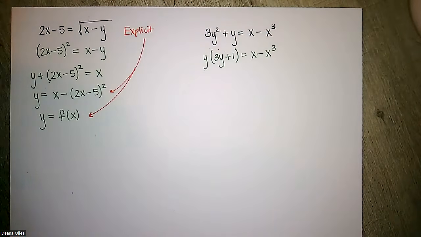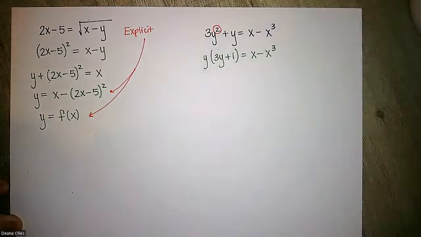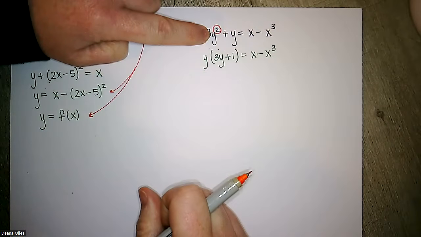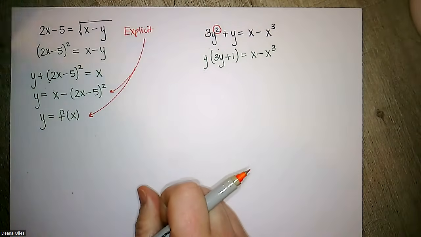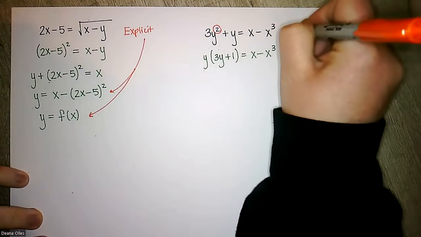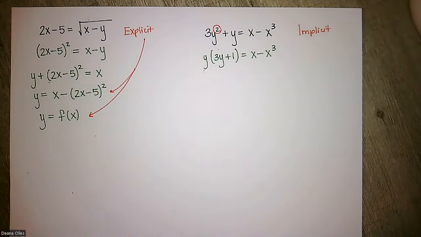In fact, that's not going to help me at all because I can't eliminate either one of those y's. All right, but your telltale sign here is really anytime you're raising y to an even power, you're pretty much in trouble because you know that y could have positive or negative values as results from any x value substitution. So this would be a situation where I can't get out of the implicit form. I'm stuck there.